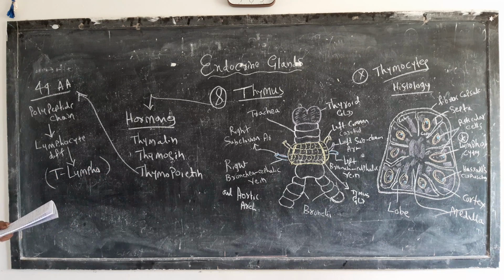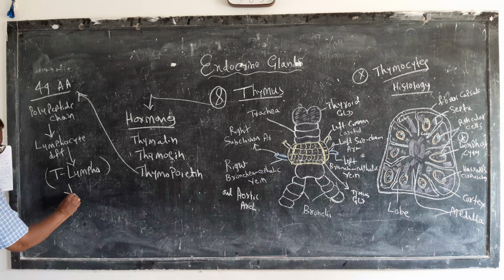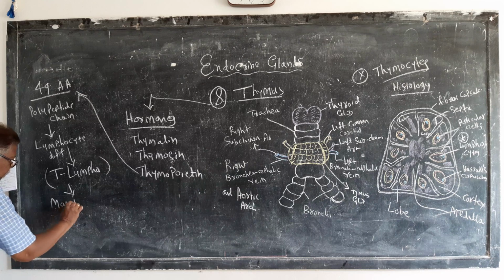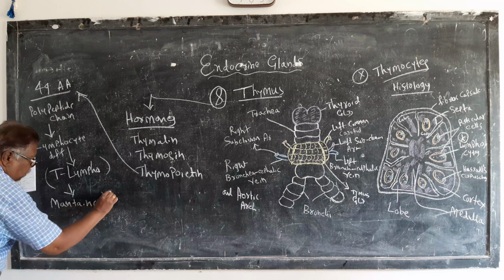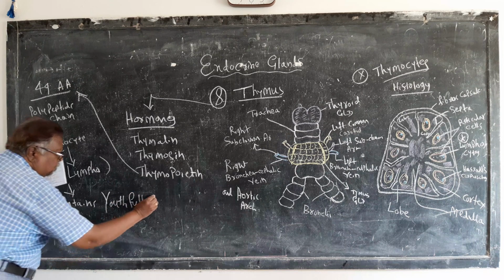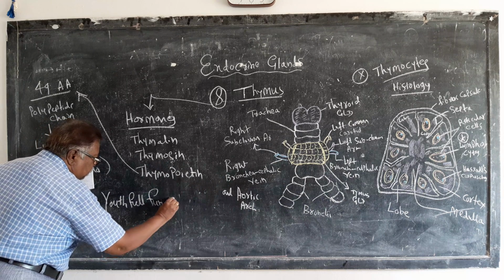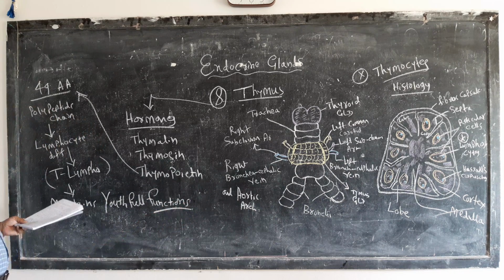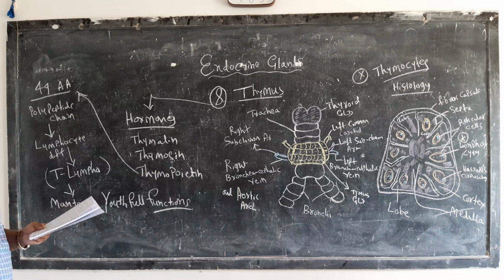Then this hormone affects skin aging. It affects the body's capacity to maintain youthful function in everything from skin cells to brain cells. It maintains youthful functions, which means it keeps the body youthful.